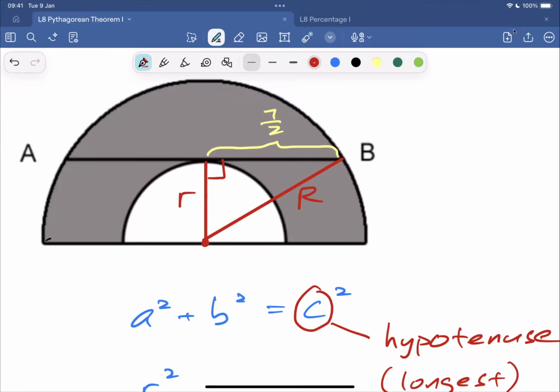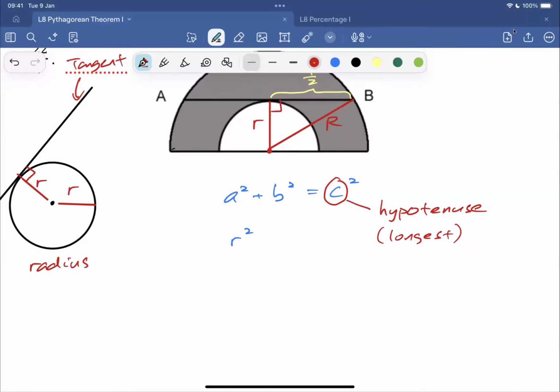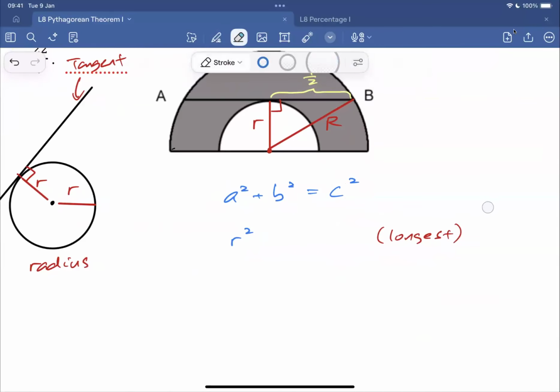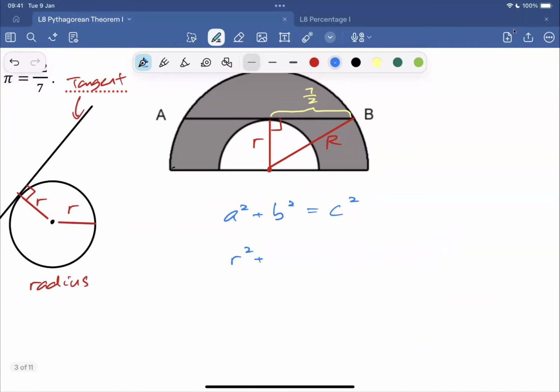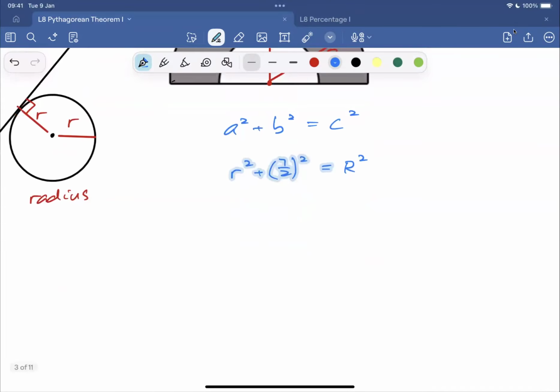The longest side, which one? Big R, correct. Okay, good. So now we're going to say a squared plus, what is b squared? What is b? 7 over 2. Yes, 7 over 2 equals to, what is c? Big R. Correct. Well done.